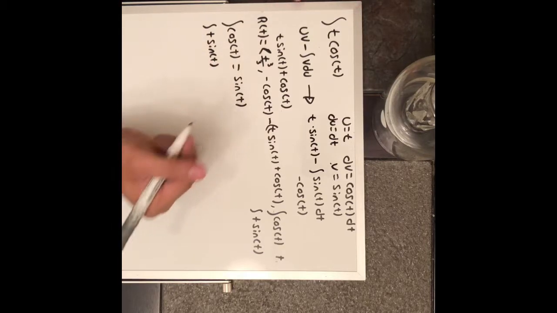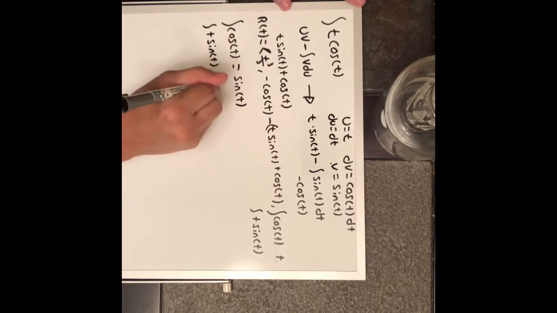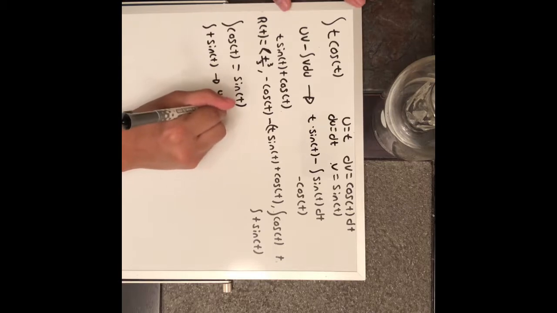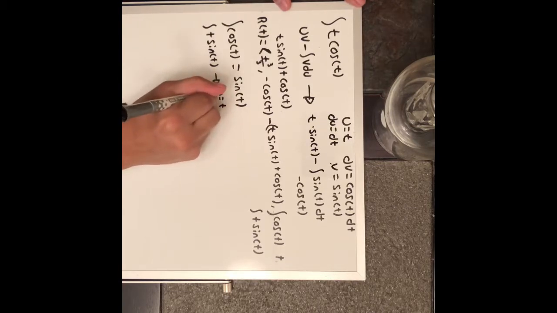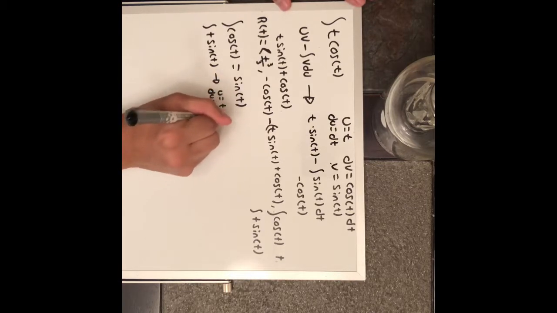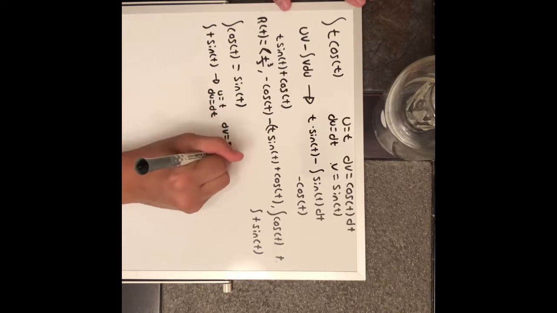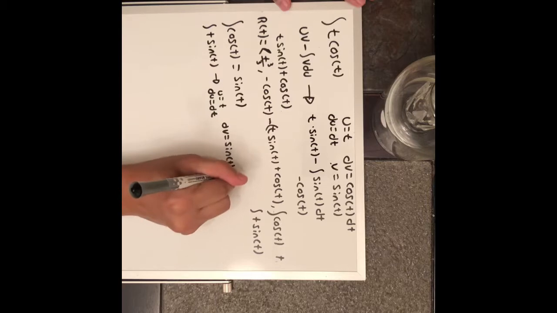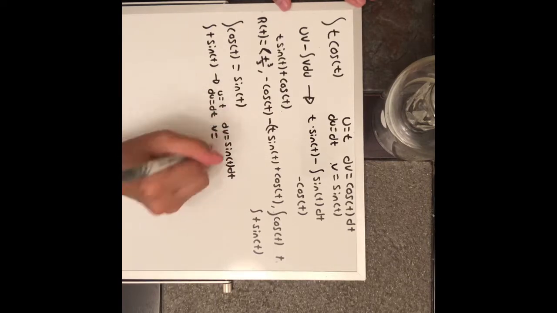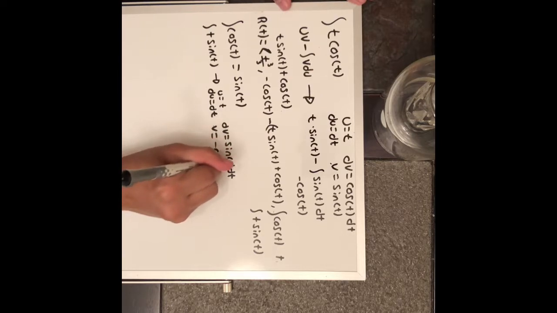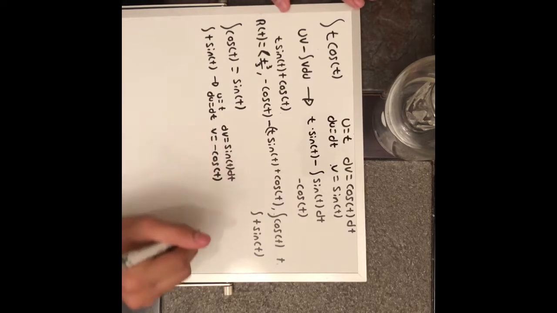Next, let's solve for the integral of t sine of t. So once again, integration by parts. We're going to say u equal to t again, making our du equal to dt. And we're going to set our dv equal to sine t, and our v equal to negative cosine of t.